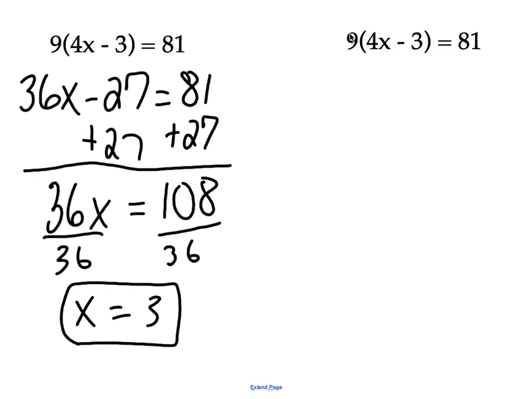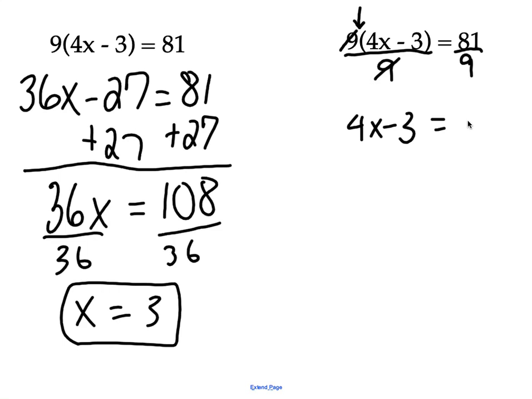Well, because that's a multiplication right here, I can divide this entire side by 9. If I perform that operation to the left, I have to perform it to the right. That 9 that was the divisor simplifies with the 9 from the numerator, and all I'm left with is 4x minus 3. Resist the temptation here to try to divide 4 by 9 or 3 by 9.